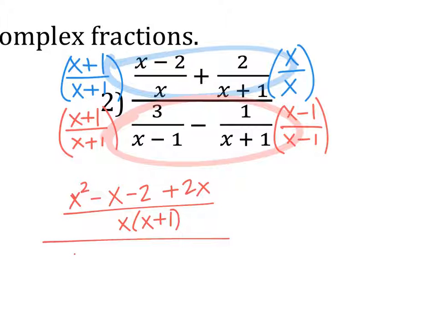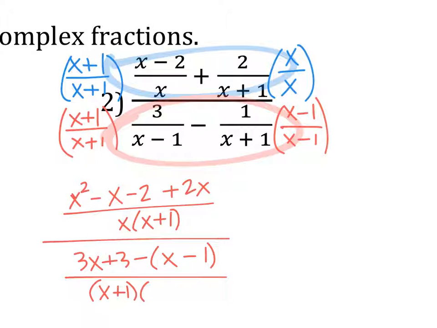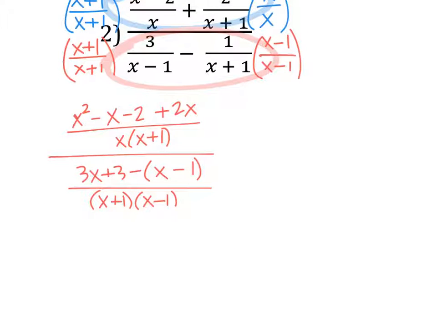Okay, in the denominator, 3x plus 3 minus x minus 1 all over x plus 1 x minus 1. So I don't multiply any denominator together because there's a possibility they will cancel, and if you multiply them together, it's hard to cancel later.